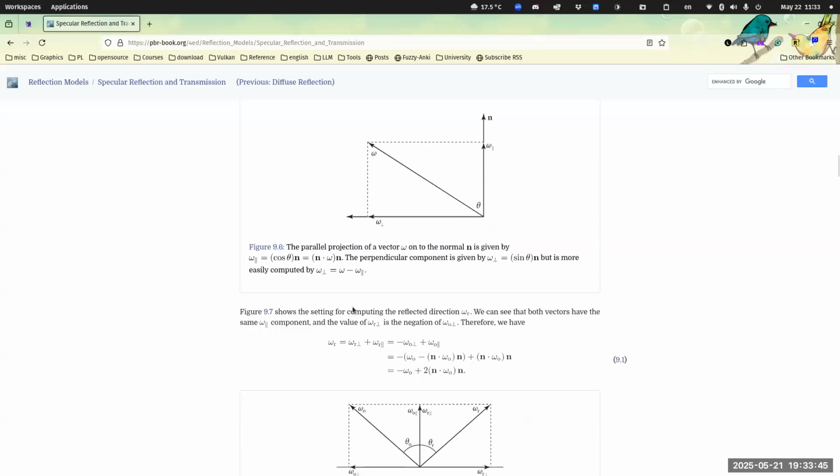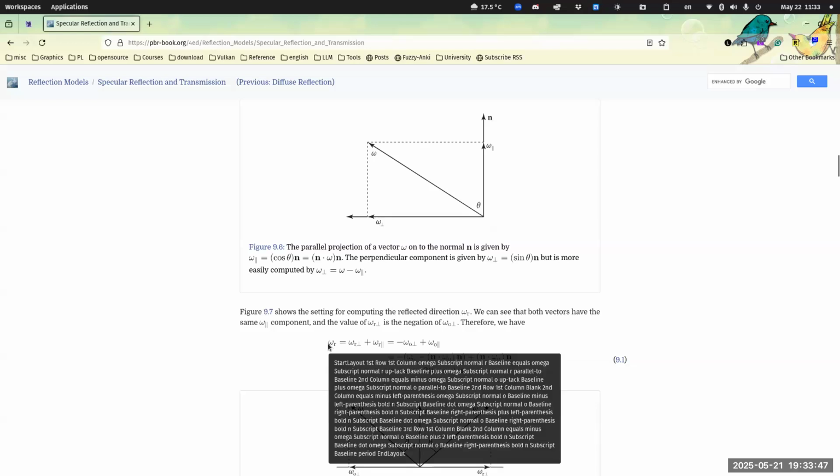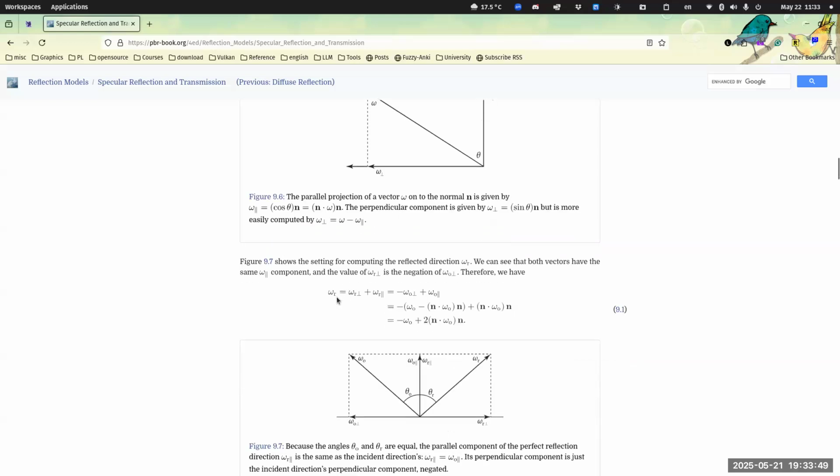So the reflected ray has two components: the parallel component doesn't change, the perpendicular component gets mirrored, and the result is this.